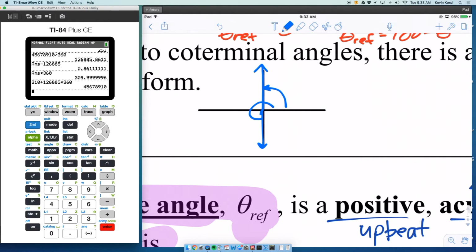No. In this case, it would be 90 degrees, right? How far is it from there to the closest x-axis? It's 90 degrees. But is 90 degrees an acute angle? No. So there would be no reference angle.